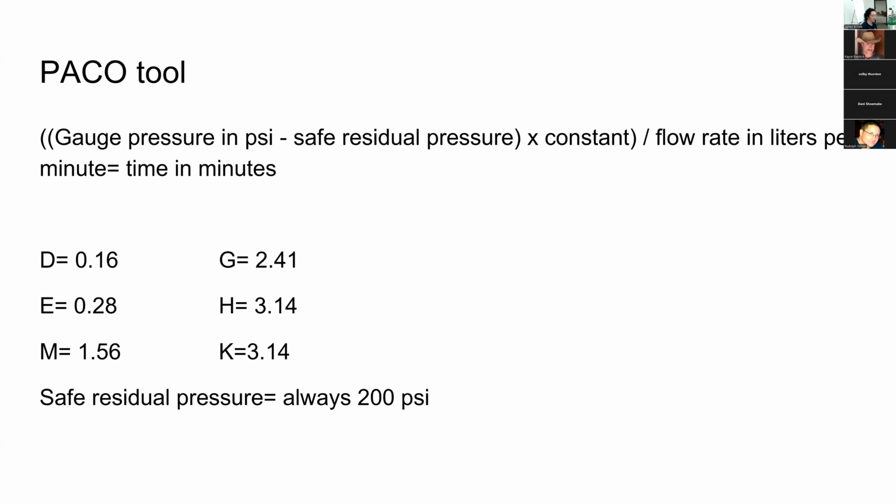D like delta. So 800 times 0.16 gives us 128. And then because we're running at 15 liters per minute, 128 divided by 15 gives us about 8.5 minutes.